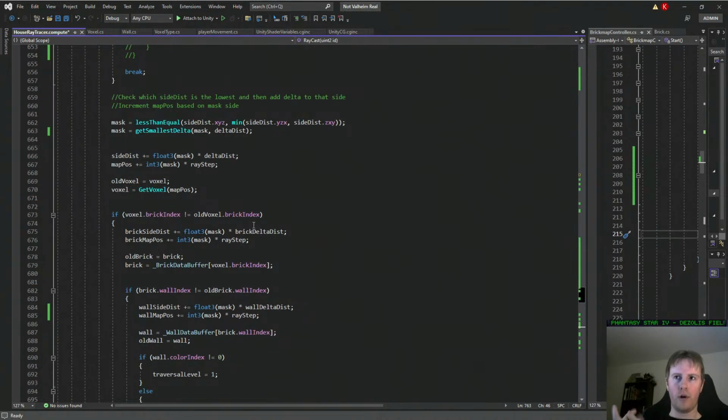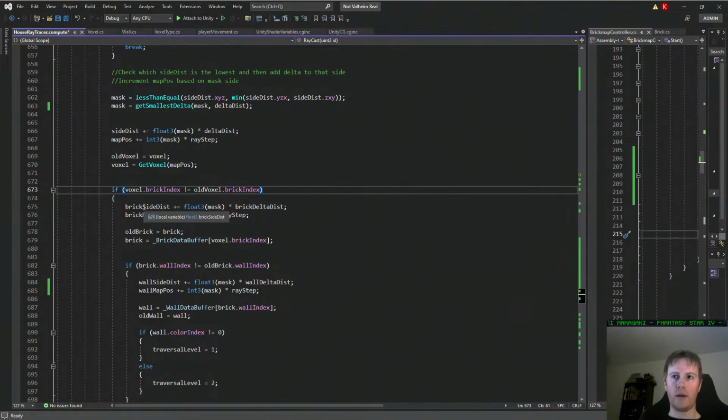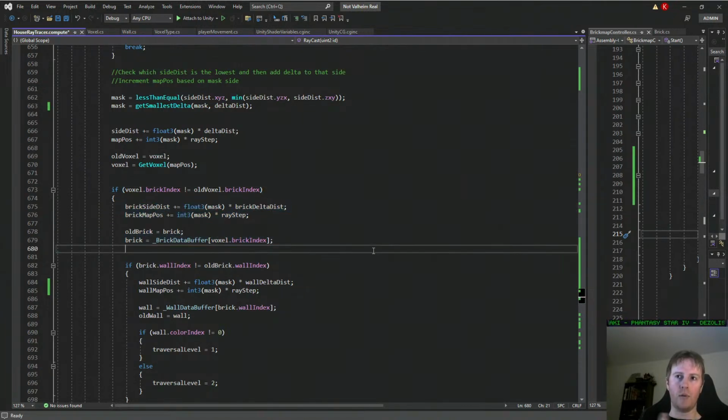Then we move to the right, for example. And if we move to the right, we set old voxel equals our previous voxel, and then we grab a new voxel, and if that voxel has a different brick index, then we iterate the brick in the same direction that we iterated the voxel, right? Then we set the old brick to be the brick, and we set a new brick to be whatever the voxel's brick index is.